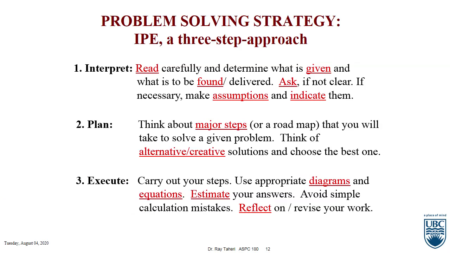So don't forget about these 3 letters. When you are given a problem, in order to solve it, yes, we have to read it first. Then you have to identify a plan, a roadmap, and then we have to execute the plan. This would be the end of this module.